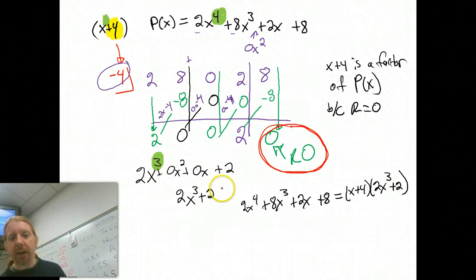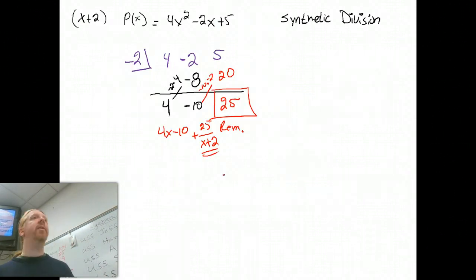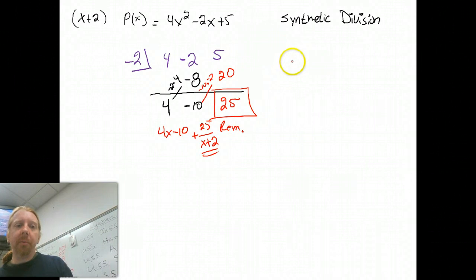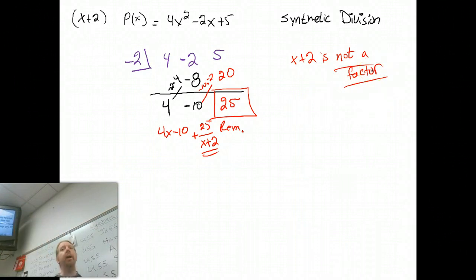So I don't have to write plus 0. That's built into it. But here I had a remainder of 25. So this also means that x plus 2 is not a factor. If it is a factor, you don't have to write x plus 2 on the bottom, but if it's not, then you would.